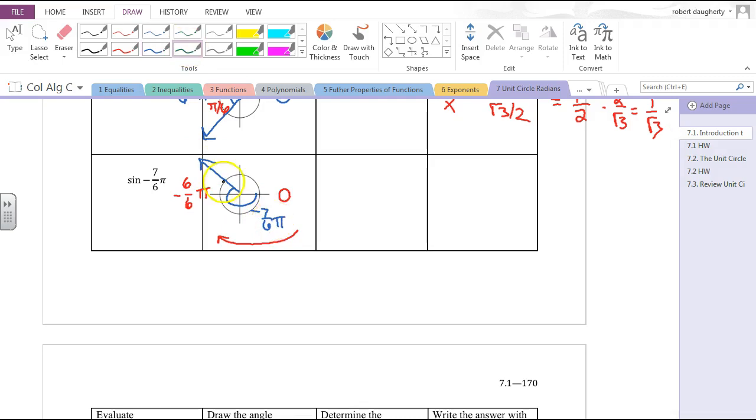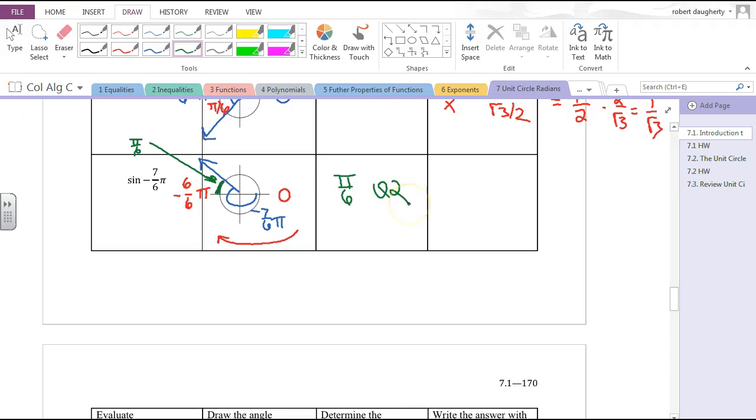But more importantly, what is the angle from there to there? Not 1 pi. Yeah, pi over 6. Because if this is negative 6 over 6, how far is it to negative 7 over 6? That's pi over 6 further. So this is a pi over 6 angle in which quadrant?